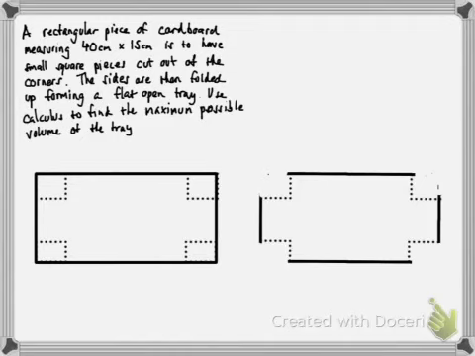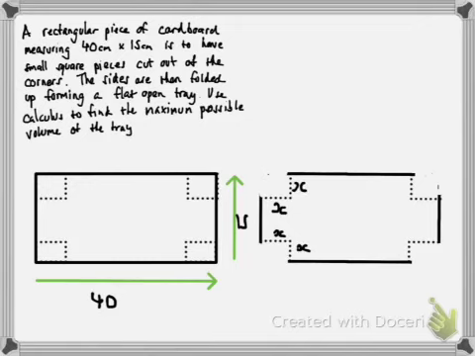So you can imagine here that originally, before we cut the corners out, we had our dimensions of our tray being 40 and 15. What we're going to do is cut out the corners, and the corners have a length of x. So I'm cutting x out of each of the corners.